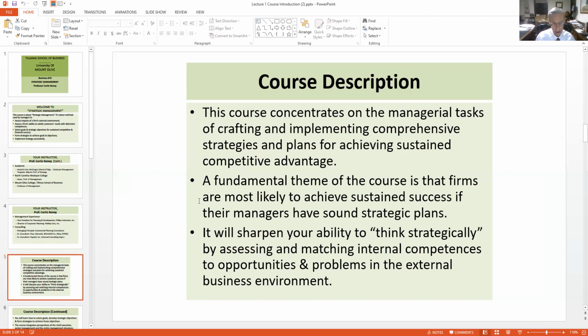Two, the compensation of strategic planning managers is higher than average. Okay, so this course will sharpen your ability to think strategically if you're not going to be a strategic planning manager, and assess internal competences and match those internal competences to problems and opportunities in the external environment.